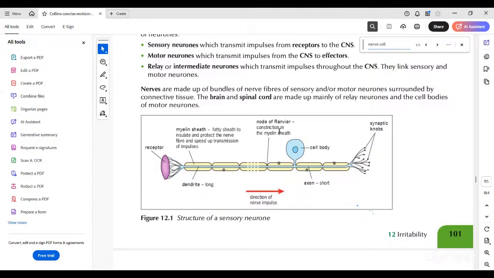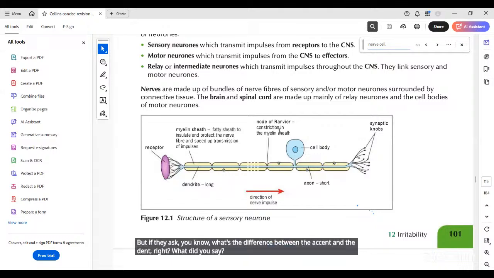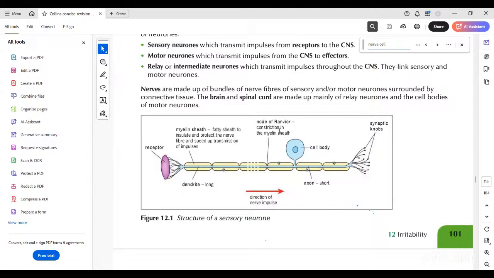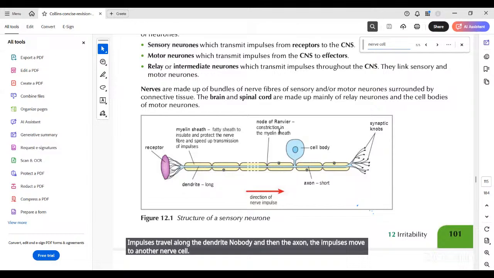But if they ask you what's the difference between the axon and the dendrite, what would you say? Impulses travel along the dendrite to the cell body, and then at the axon, the impulses move to another nerve cell.